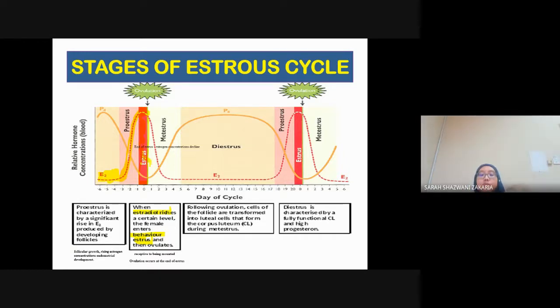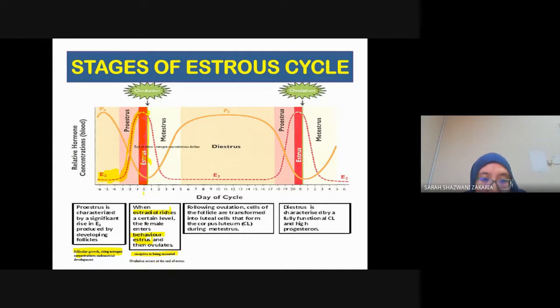That's how we detect that the animal is in the estrous stage. Right after estrus, ovulation will occur. Follicular growth and rising estrogen, receptive to being mounted, the on-heat behavior, and then ovulation occurs at the end of estrus.